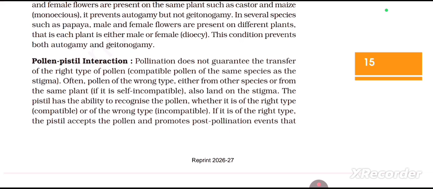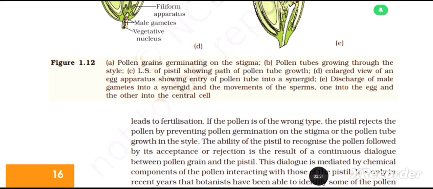The pistil has the ability to recognize the pollen, whether it is of the right type, that is compatible, or of the wrong type, that is incompatible. If it is of the right type, the pistil accepts the pollen and promotes post-pollination events that lead to fertilization. If the pollen is of the wrong type, the pistil rejects the pollen by preventing pollen germination on the stigma or the pollen tube growth in the style.